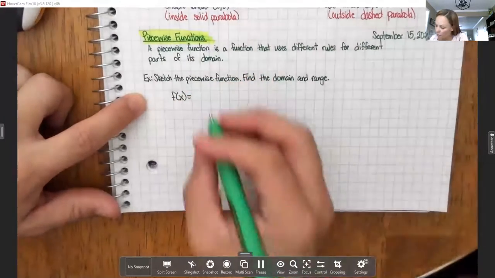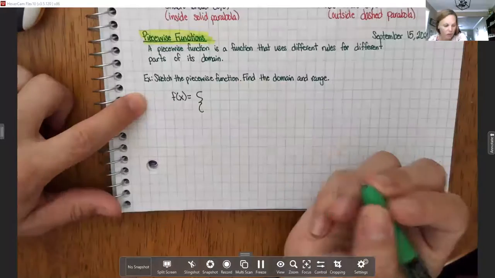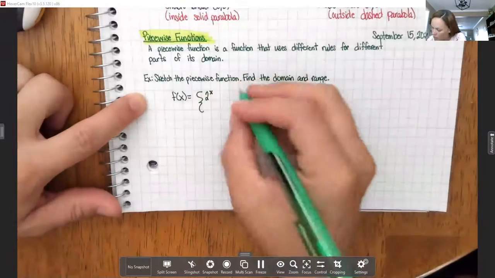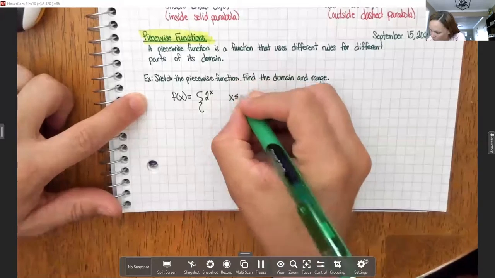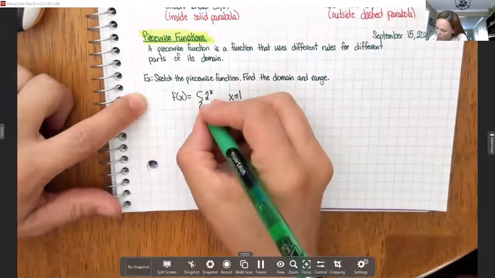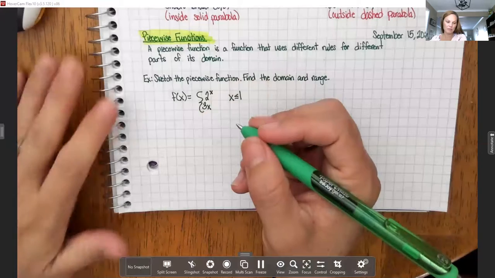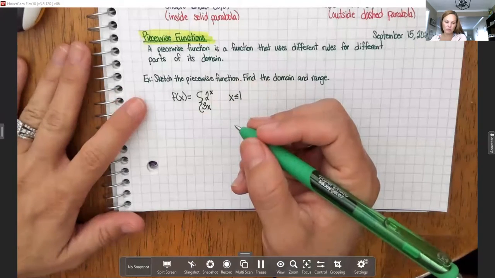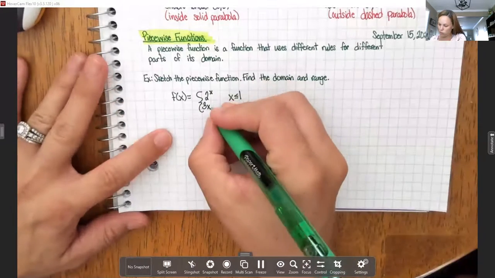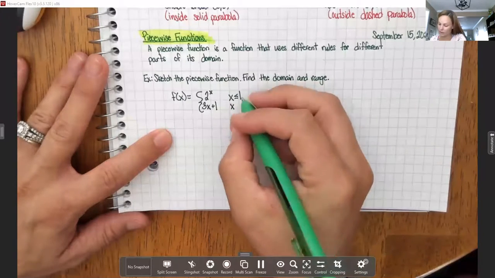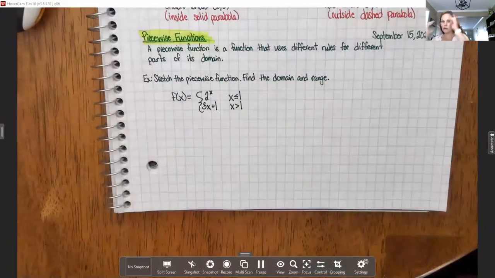So here f of x is going to be equal to 2 to the x if x is less than or equal to 1, and 3x plus 1 for x is greater than 1.